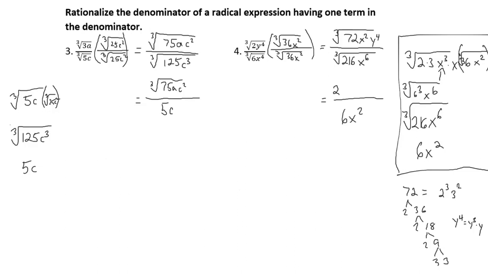So that y to the third can come out. And on the inside, we are left with, from the 72, we pull out an 8, leaving a 9, and x squared. And for the y to the fourth, y to the third got simplified, leaving a y on the inside. All right, let's go ahead and look at some more examples.